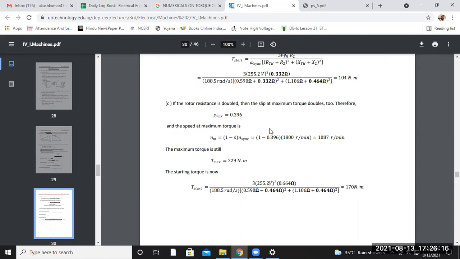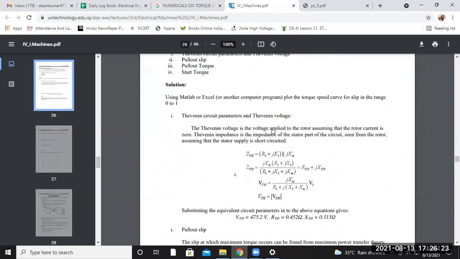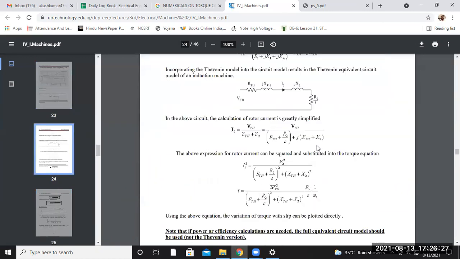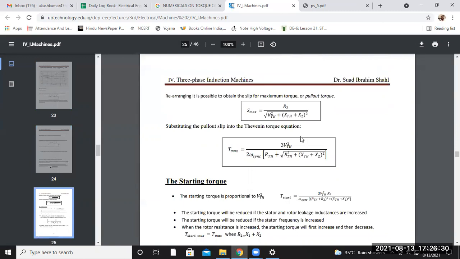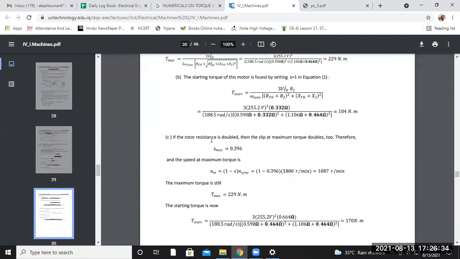Therefore, as we have the slip as 0.198, multiplying by 2 you will get the maximum torque slip as 0.396.